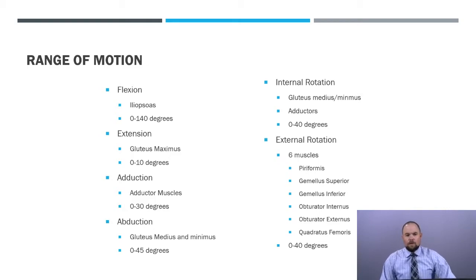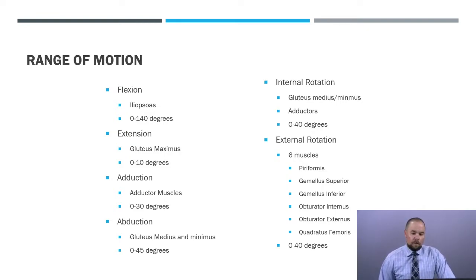Range of motion, so we talk about flexion, which is typically accomplished by the iliopsoas muscle. That's your hip flexor, about 0 to 140. This is a fairly common cause of pain in patients in the anterior groin. It's typically a tight muscle group, especially in your active population. Extension, which is mainly achieved by the gluteus maximus, is about 0 to 10 degrees.